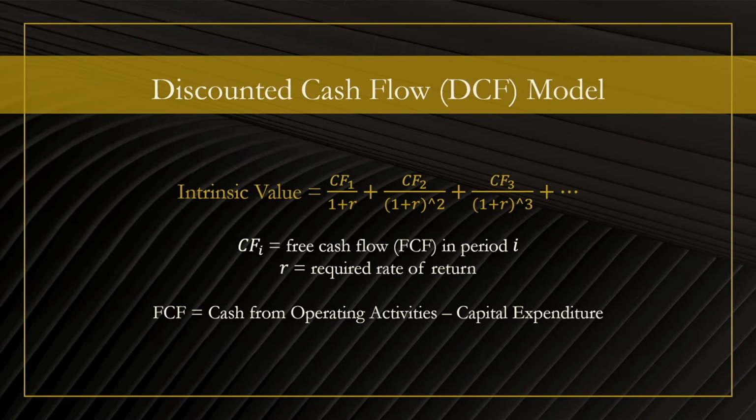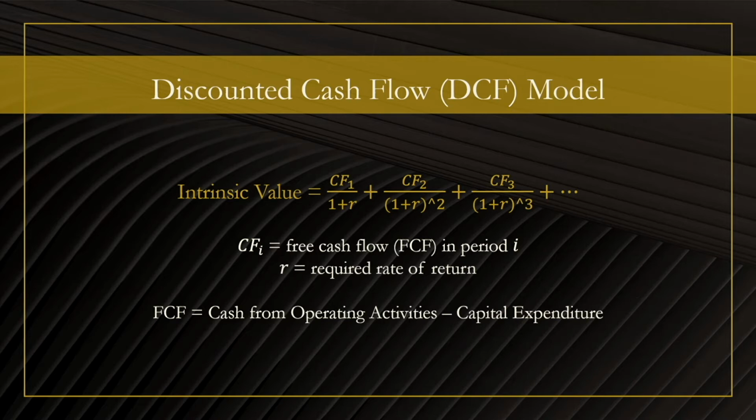Let me now explain the term 1 plus R. As I said, CF1 is cash that we get in a year from now. That is not the same as having the same amount of cash in hand right now. Let me explain why.